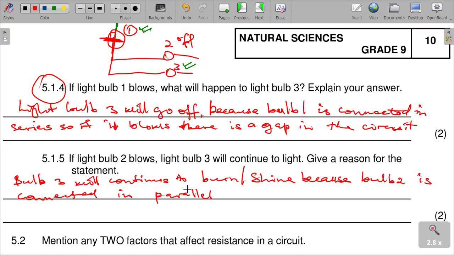When they are in parallel, what you need to understand is that there is still a pathway, because there is still a pathway even if it blows off.